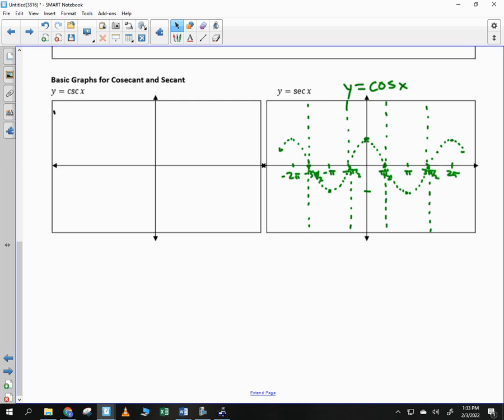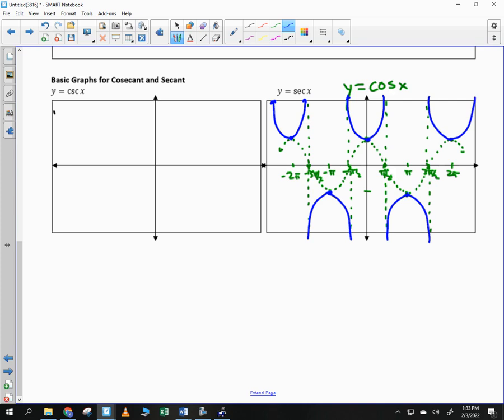Then finally, the actual graph, because none of this is the actual graph yet, is it? The actual graph, I just simply plot at the maximum and draw a U-shape. Minimum, draw a U-shape. Maximum, draw a U-shape. Minimum, draw a U-shape. Maximum, draw a U-shape. And that's the parent function for secant.